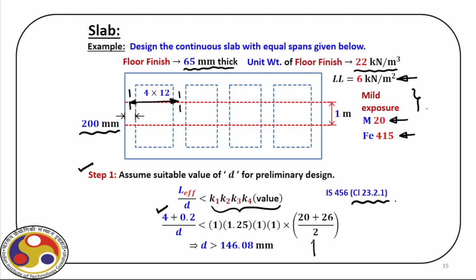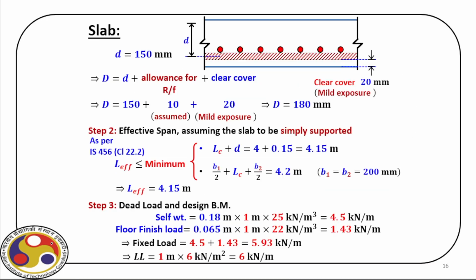So this comes from the Codal reference that we have already discussed, and from this relation what we get is d should be more than 146.08. So anything more than this d is sufficient, so we can provide say d 150 or for that matter any other value.